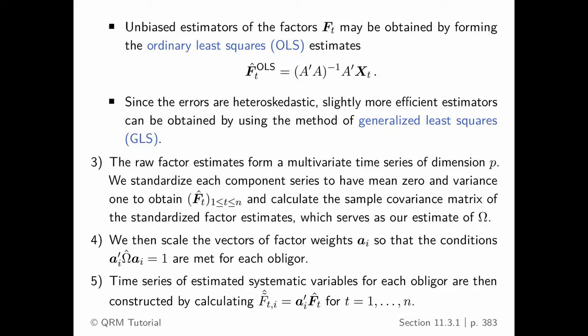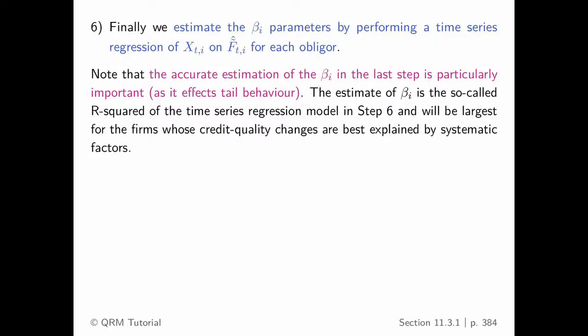I just construct that. And then the next thing I'm going to have to do is get the beta i. And one simple way of getting the beta i is to do a time series regression of the equity returns on those systematic terms, and that will give me the beta i's.